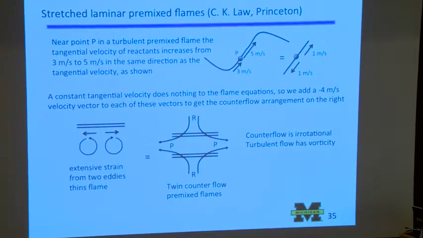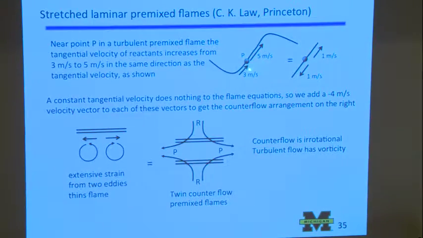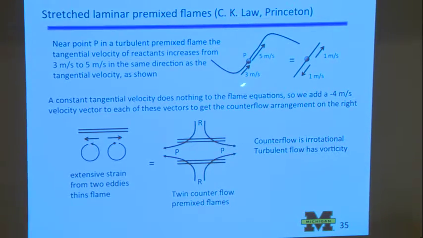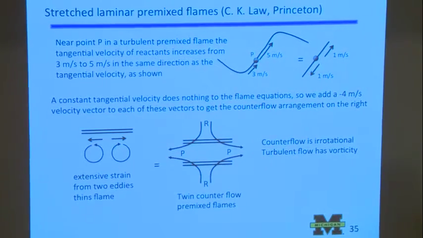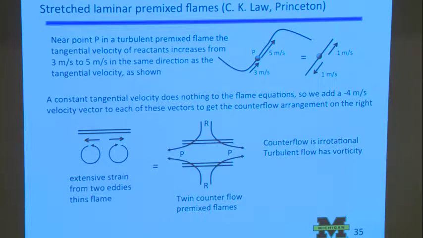But the theory is based on the idea that any constant mean velocity doesn't do anything. So if you had 4 meters per second here, and 4 meters per second up here, it wouldn't do anything, because it wouldn't stretch it or shrink it, since pretty much all the gradients are normal.